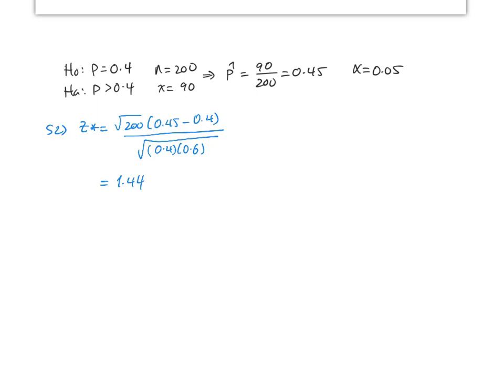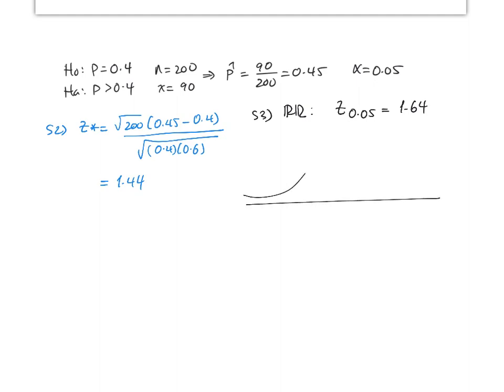All right, so then step 3, what do we need to find? The rejection region. Remember, this is not 2 tails, this is just 1 tail, so this should be a z of what? z of 0.05, which is 1.64. So you don't have to divide it by 2.